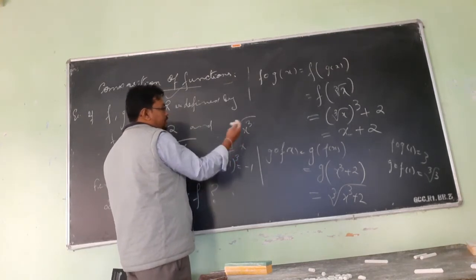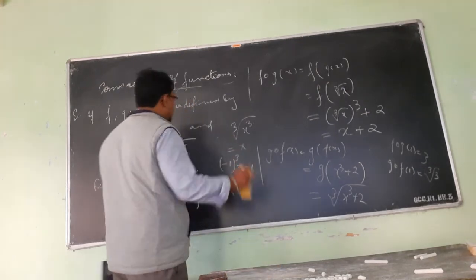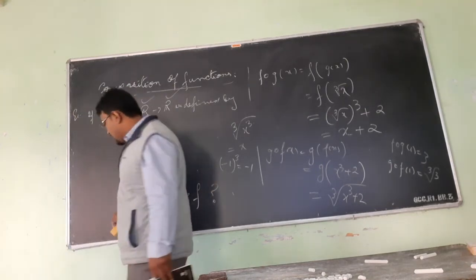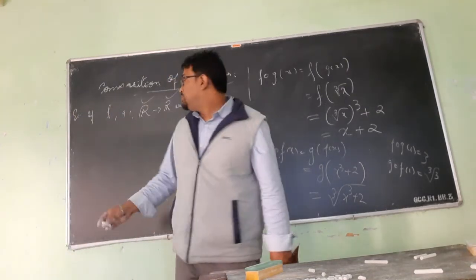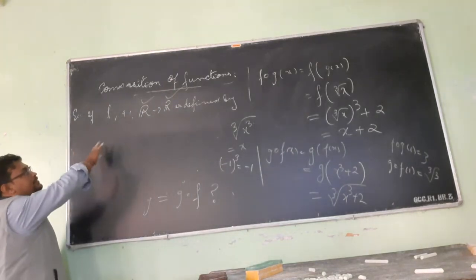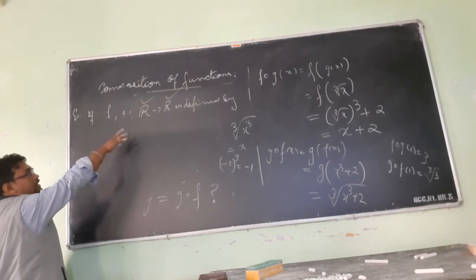In your trigonometry, you will see cube root. Actually, whenever we find the cube root of some quantity, there are three. Just like square roots, there are two square roots of any non-negative real number.